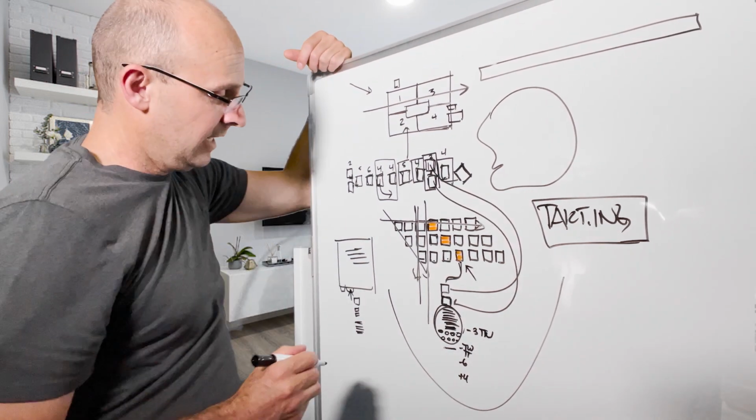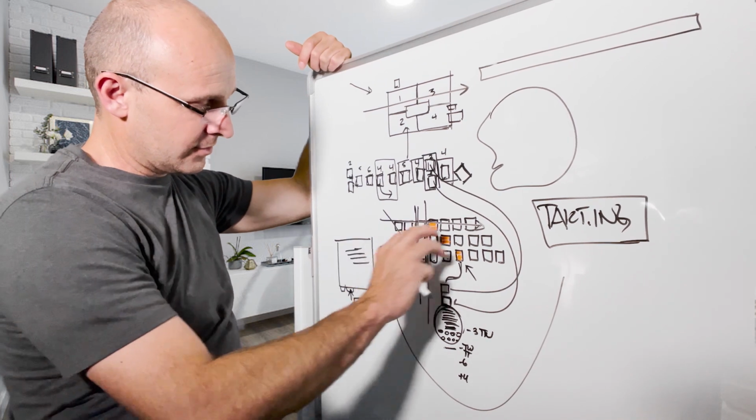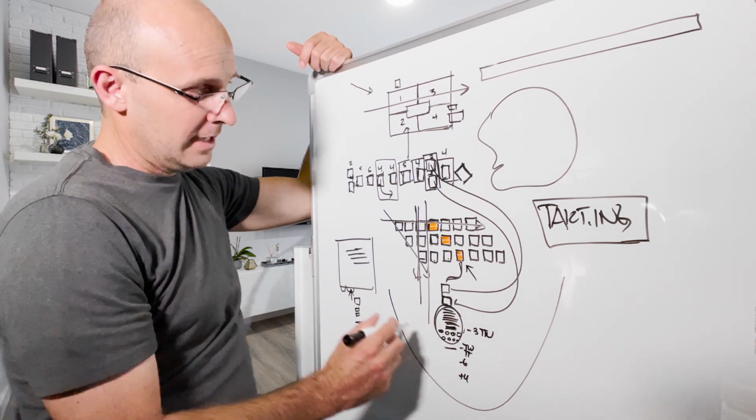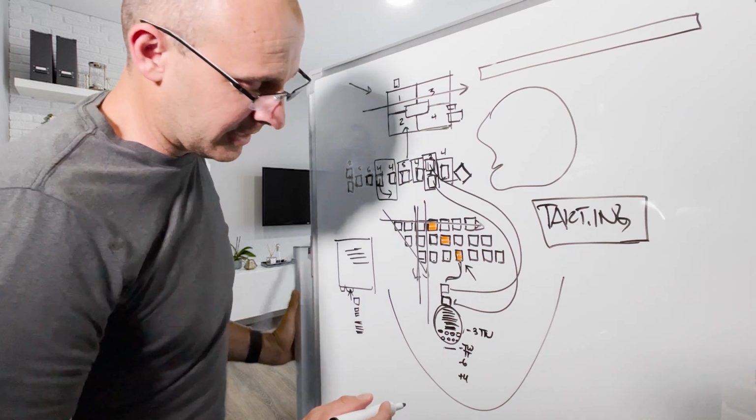Beautiful, beautiful stuff. So it's really in the macro level, the norm level, and in the micro level that the genius of Takt planning comes through.